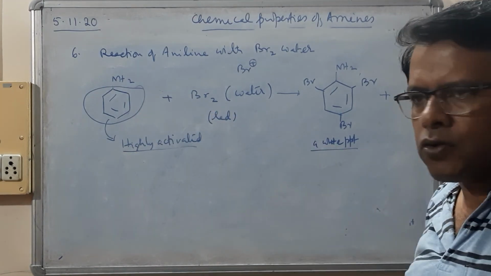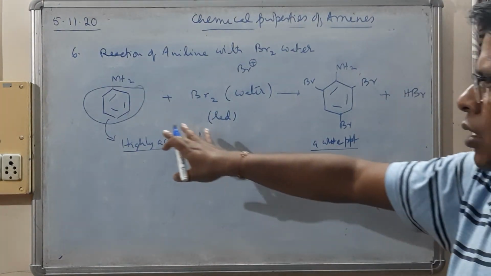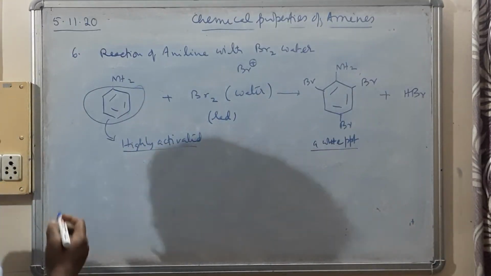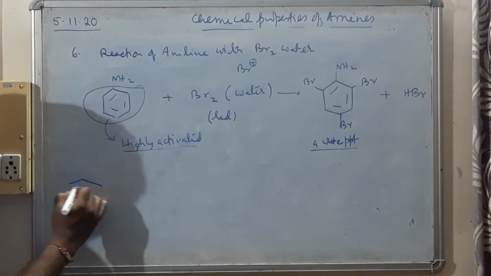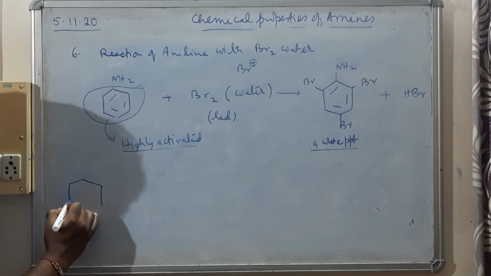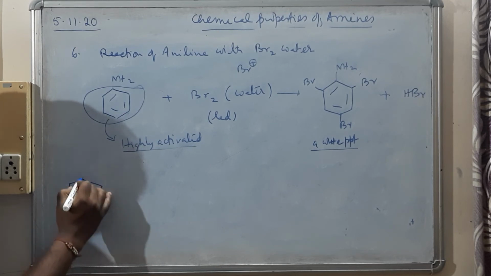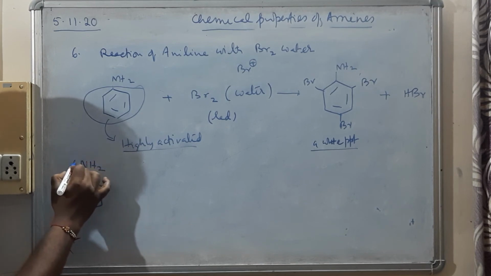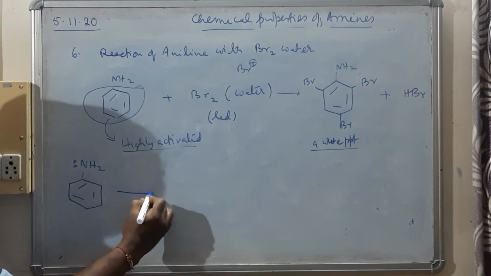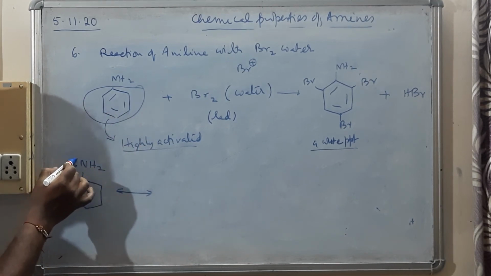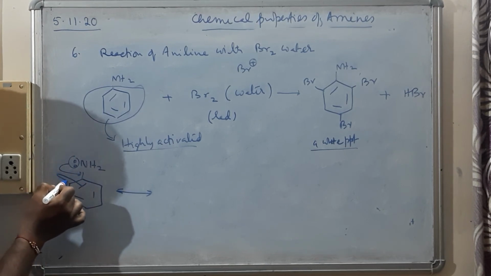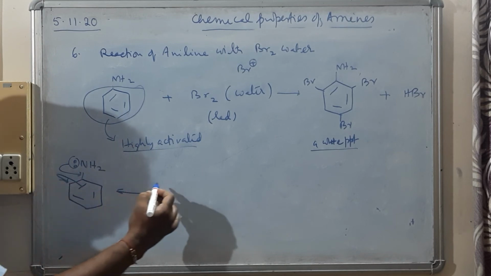If we draw the resonating structures, then we can understand that it is highly activated. So let us draw the resonating structures of aniline. This lone pair will come over here, and this pi bond will break and come over to this place.